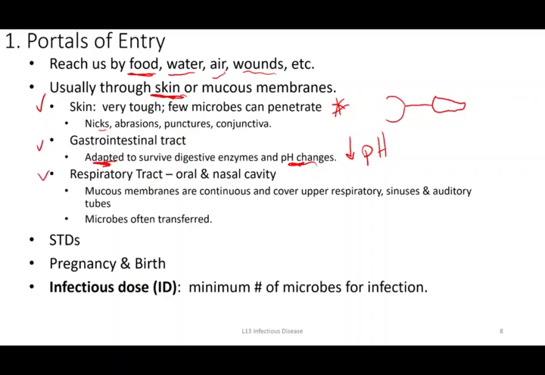And then obviously the respiratory tract is probably the most commonly transferred, or the most common types of infections. So respiratory infections, cold and flu, have been around for many, many millennia, and we all have experienced them.